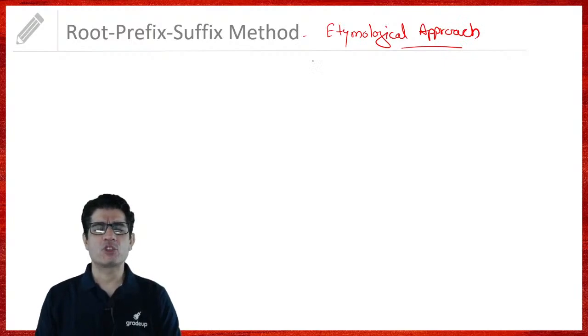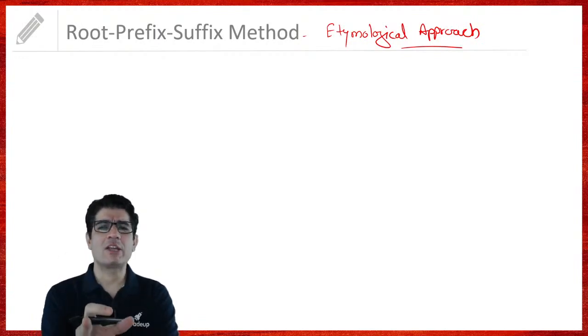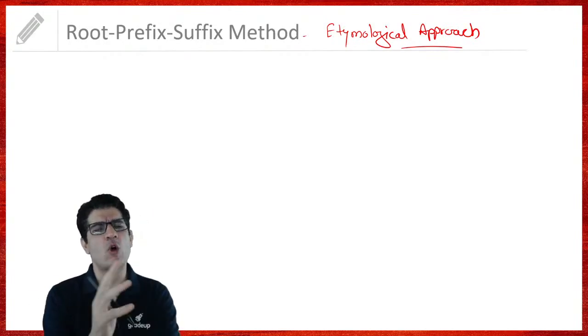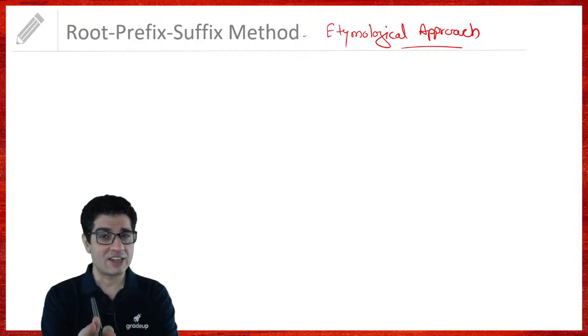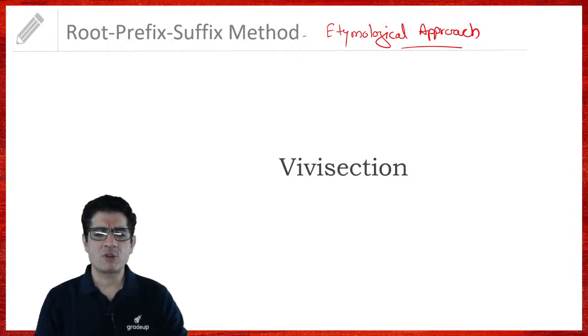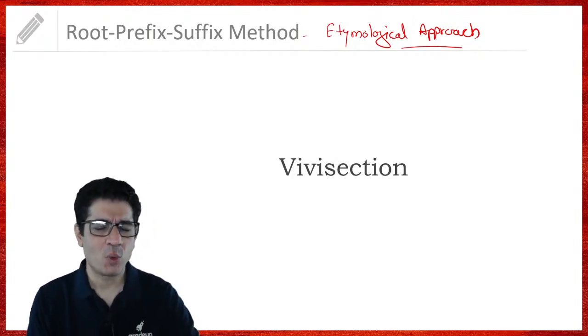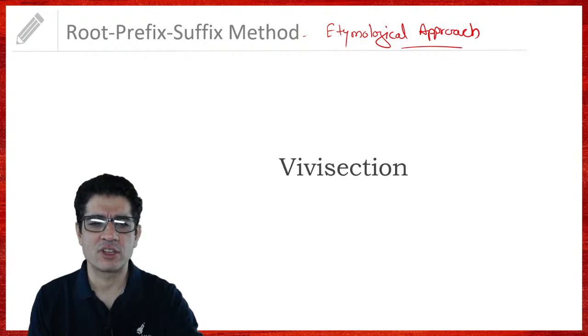So in this approach, you basically look at the origin of the word, and one way of looking at the origin is that you say that a word can be made up of some root words and certain prefixes or suffixes that are added to them. For instance, let's have a look at this word, vivisection. Anybody who would like to tell me what vivisection is? Anybody who can throw some light on it? What is vivisection?